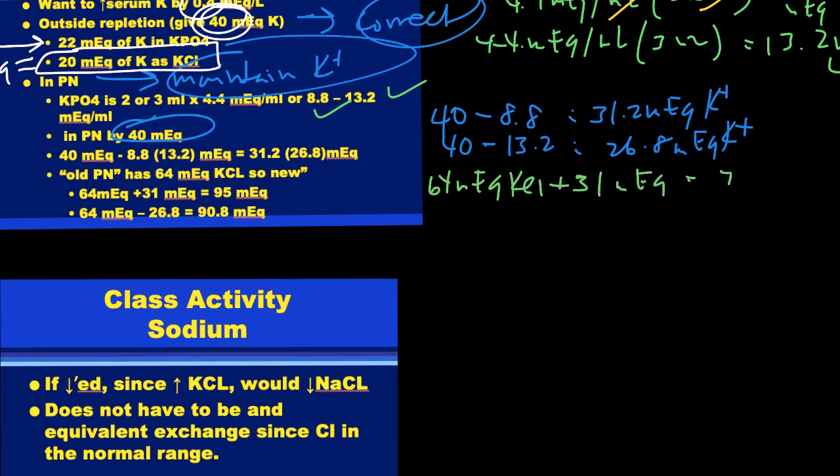That's 95 milliequivalents of your new potassium chloride. You can also give it as 64 plus 26.8. That gives you 90.8 milliequivalents of potassium.